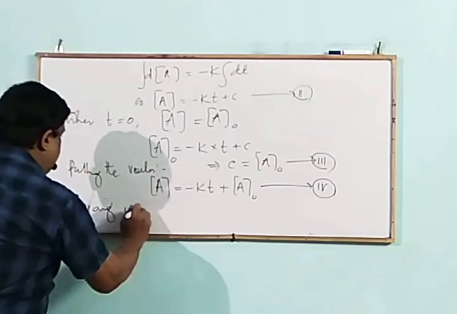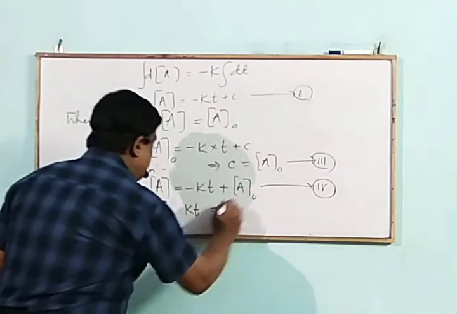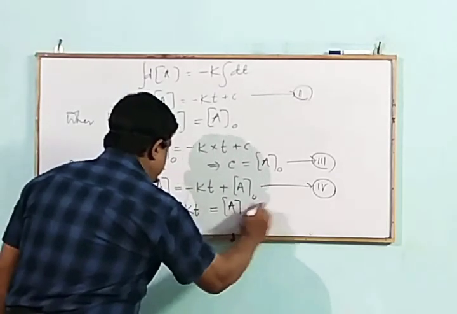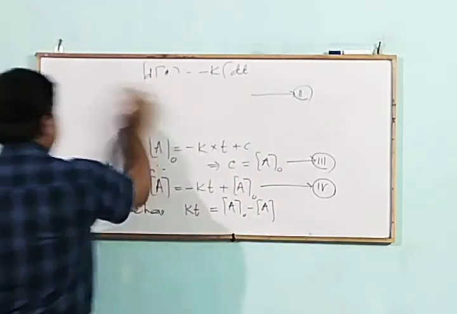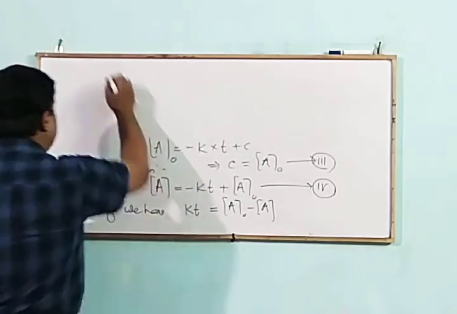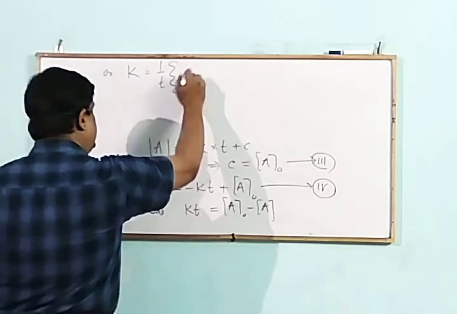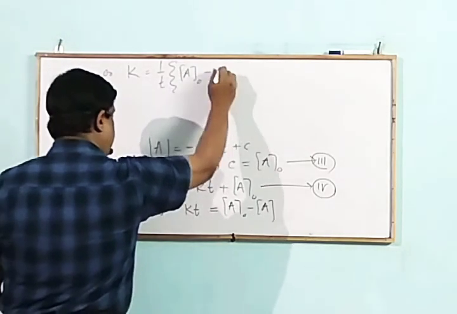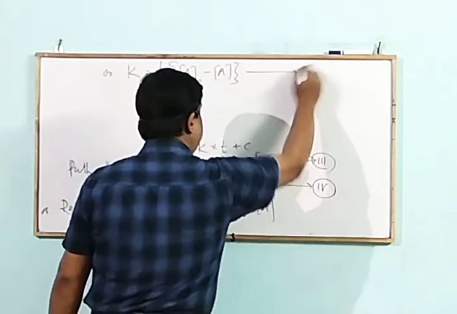Rearranging, we have kt is equal to A naught minus A. Mark that, or k is equal to 1 by t into A naught minus A, equation 5.